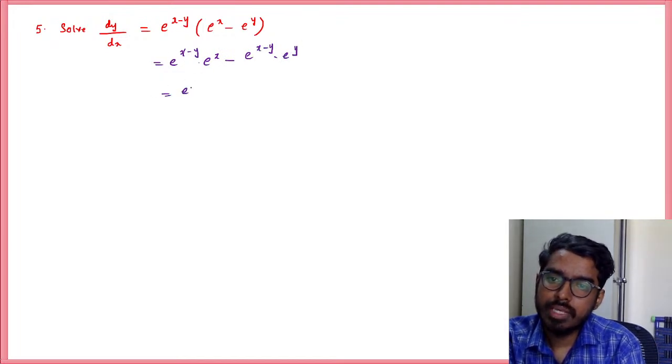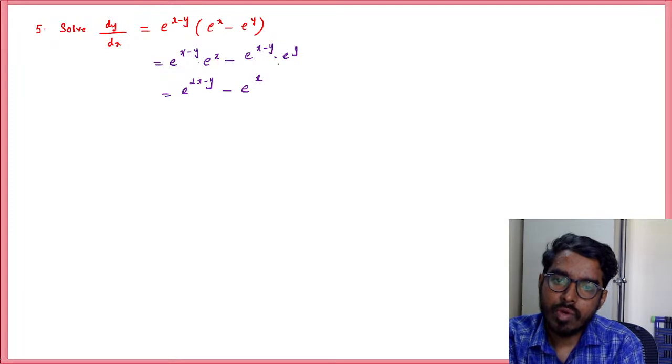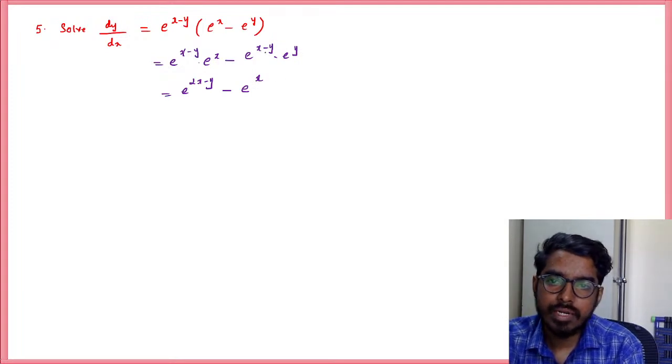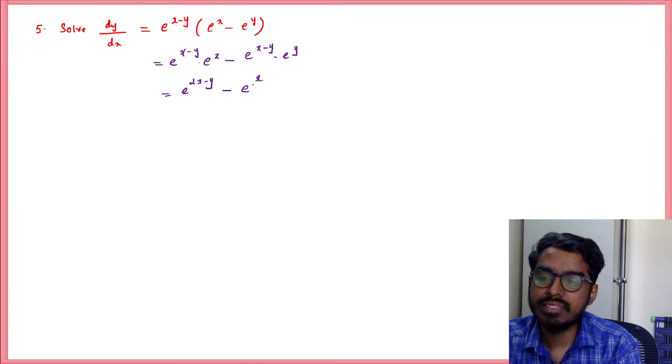So I'll just add the powers. So this will be e power 2x minus y, minus e power x, right? This e power y and this e power minus y will give 1. So e power x minus y plus y will be e power x.